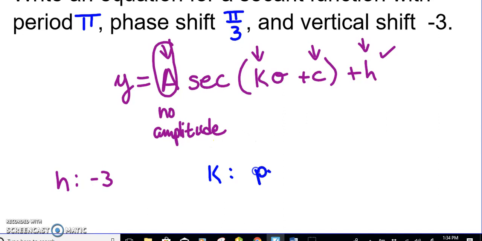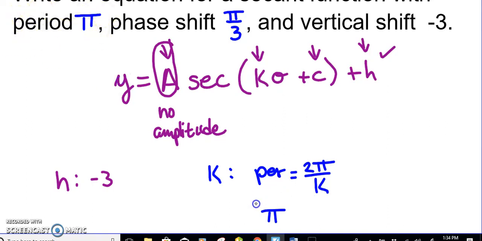For period, we know for secant it's 2 pi over K. We don't know what K is, but we know what the period is. Let's make this equal to our period, which is pi, because that's what we have right here.